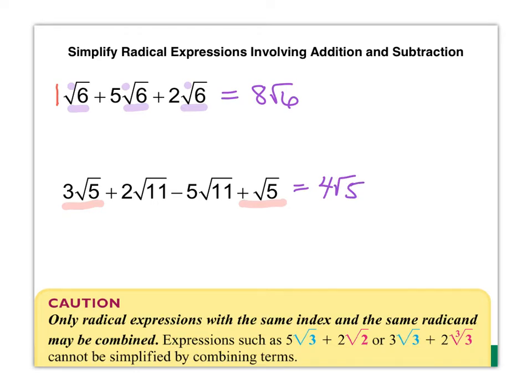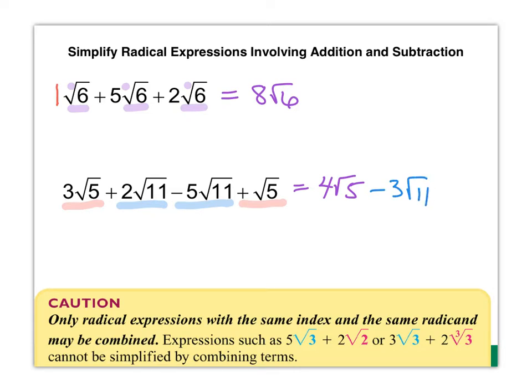We can also combine the terms plus 2 square root of 11 minus 5 square root of 11. Those are like terms since they have the same index and the same radicand, so we combine them to get minus 3 square root of 11.